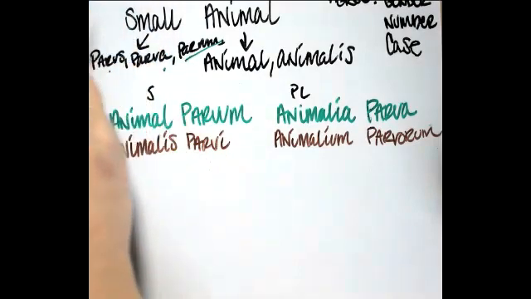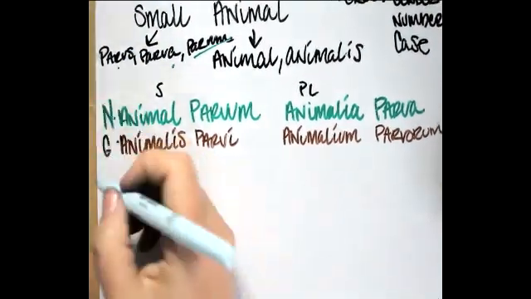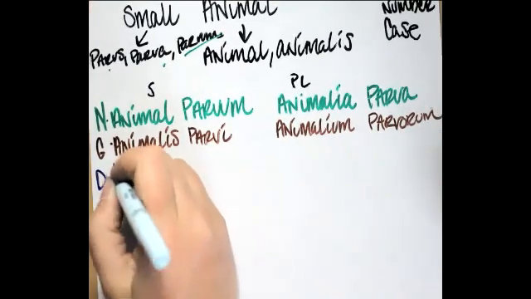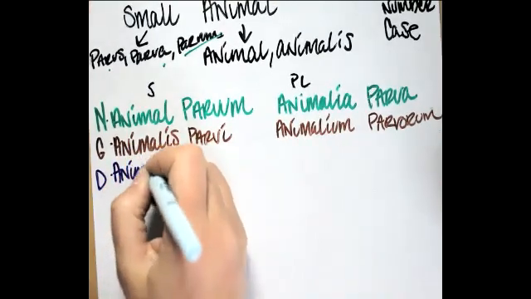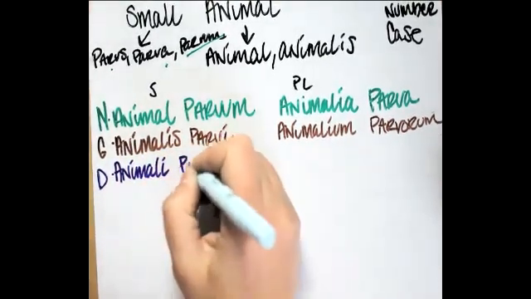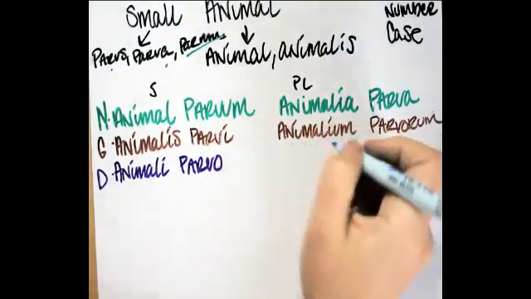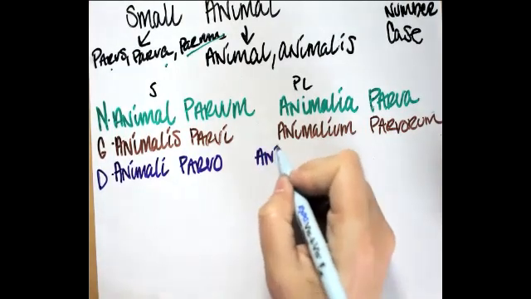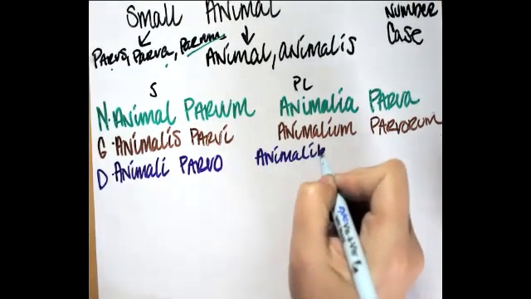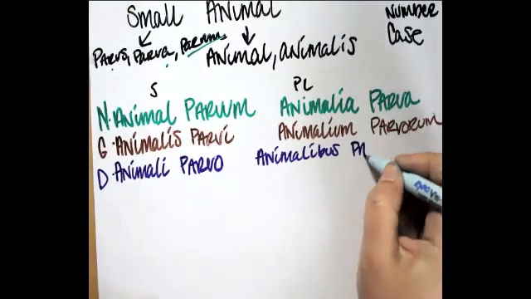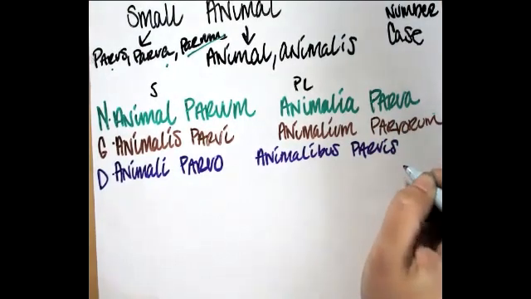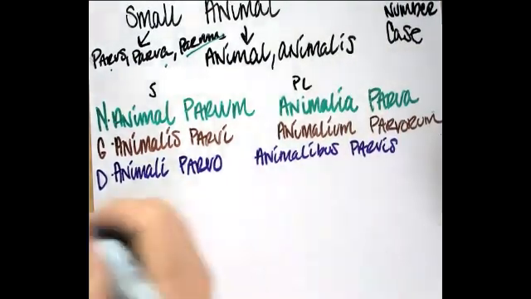In our dative, animali, parvo, for the small animal. In our plural, animalibus, parvis, for the small animals.